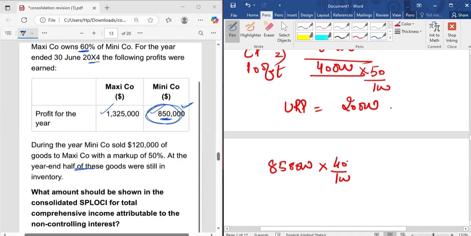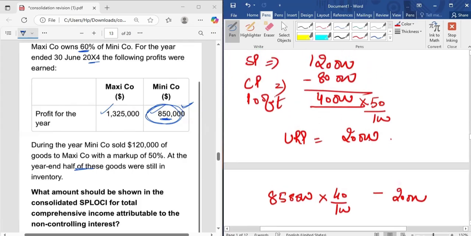Take that portion and subtract the URP 20,000. So 8,50,000, 40%, and deduct 20,000 from this. So our answer would be, just a second, there's something wrong here. Let me figure it out.